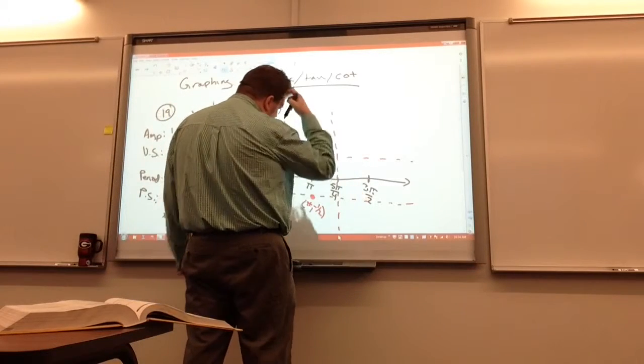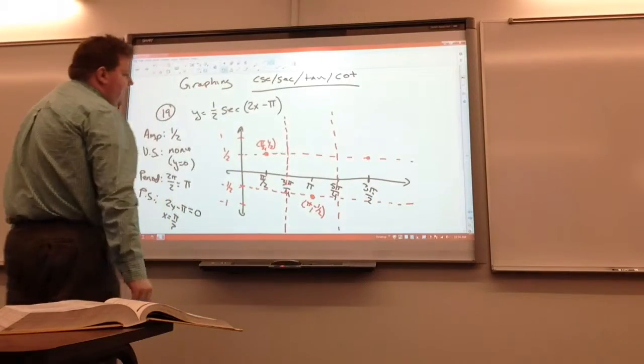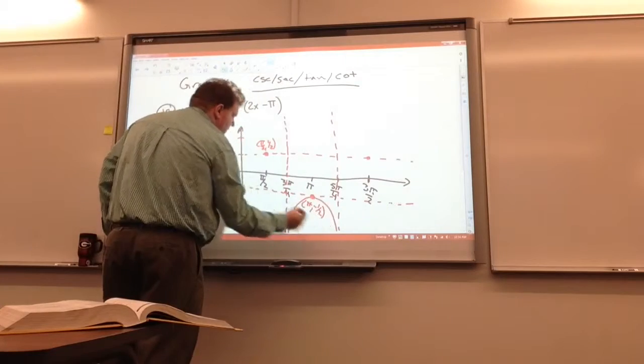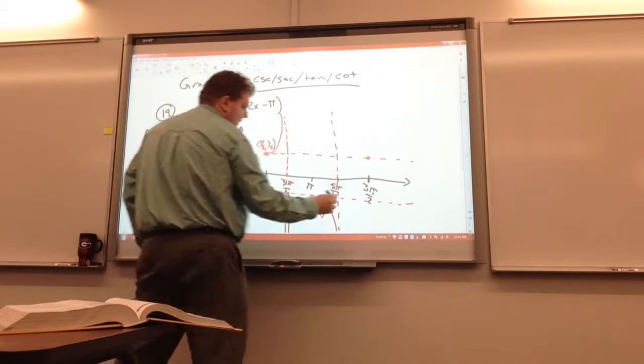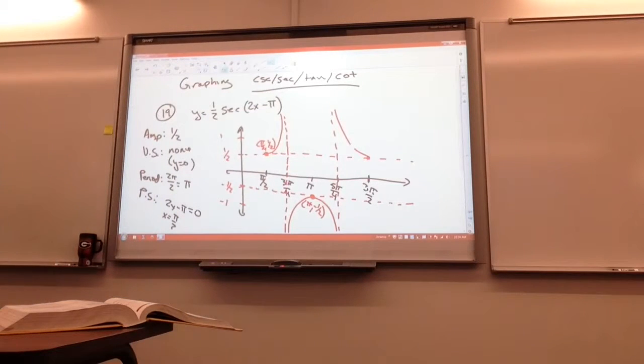And finally it comes back home again, 3 pi over 2 is where the sequence will end. Okay? And remember, it's going to form little parabola curves in between there. And so there is one full cycle of the secant graph, as written.